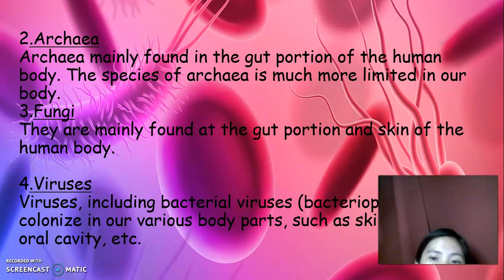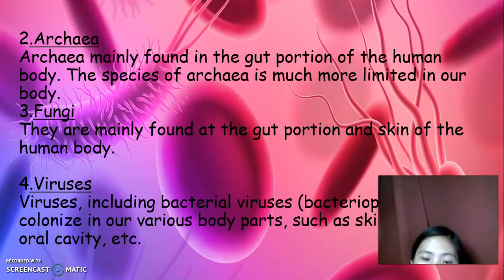Next is Archaea and normal flora. Archaea are mainly found in the gut portion of the human body. The species of Archaea are much more limited in our body. Third is fungi in normal flora. They are mainly found in the gut and skin of the human body. Fourth is viruses in normal flora.